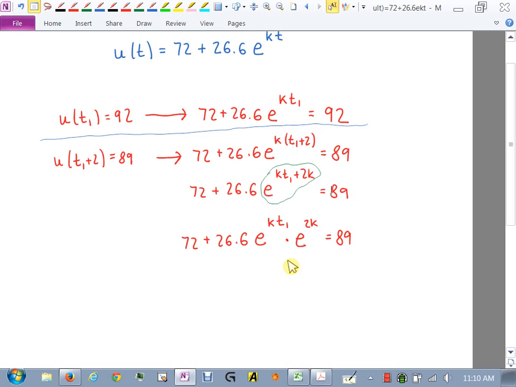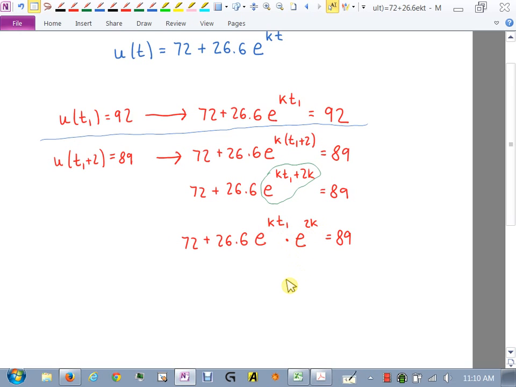But it also goes backwards. If you have a single base with two things added, you can split it apart into a product of two things. That's what I'm doing. I'm going right to left here, and I'm using it right on this piece right here. This is like my x to the n plus m is equal to x to the n times x to the m. Do you all see it?